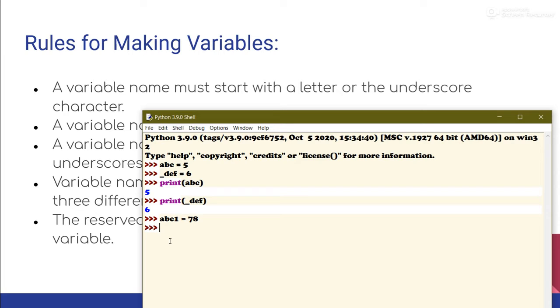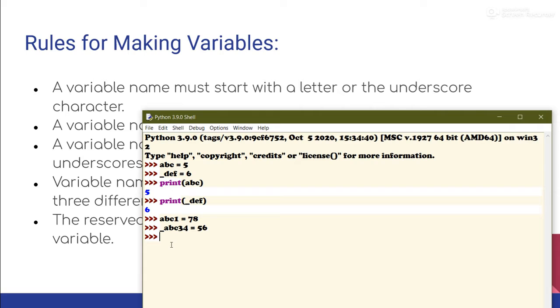We can also say _abc34 is equal to 56. This is also correct because we are starting the variable name with underscore. The numbers are just after the starting part and not at the starting. So this is fine. We can use numbers in variable names. We just don't have to put the number or digit at the start.